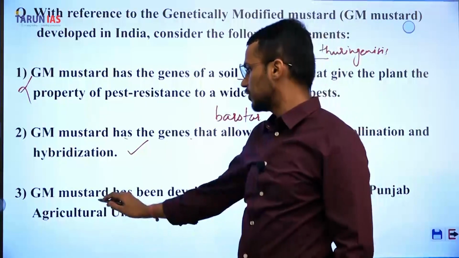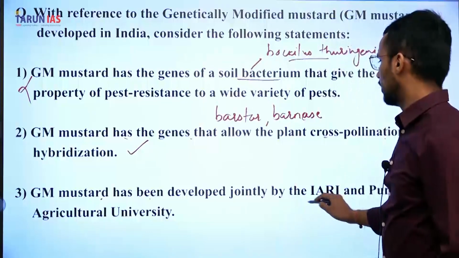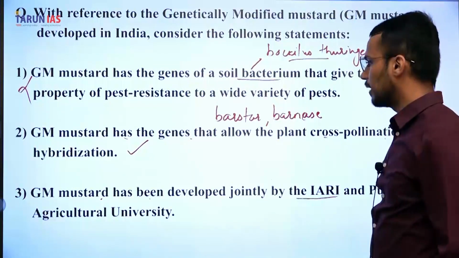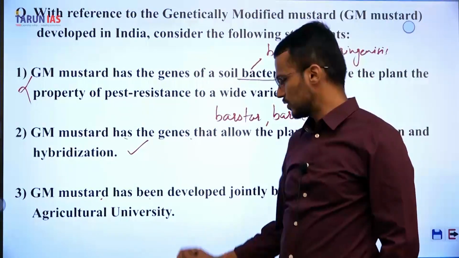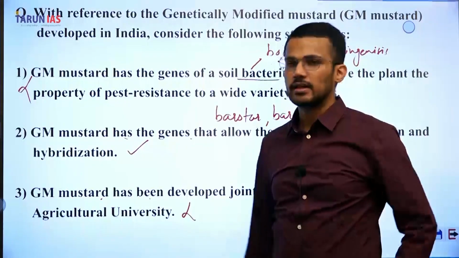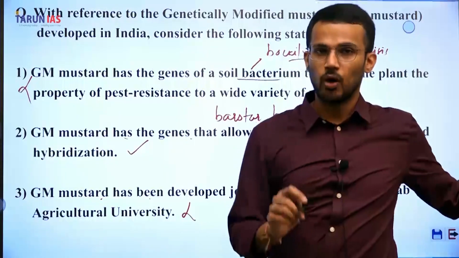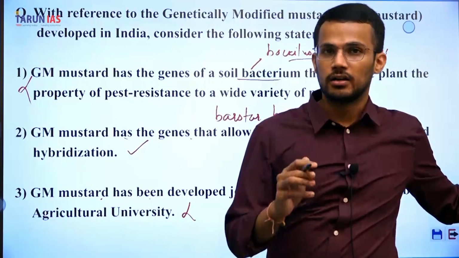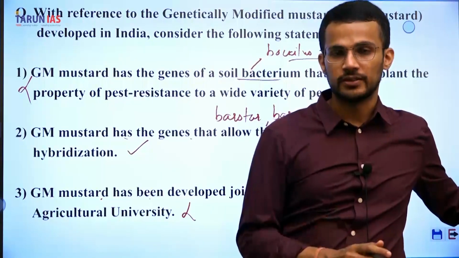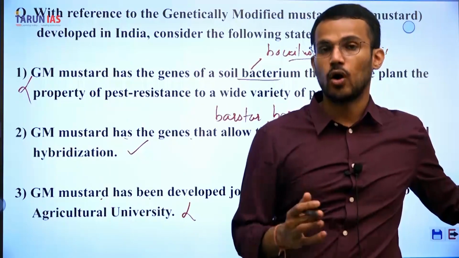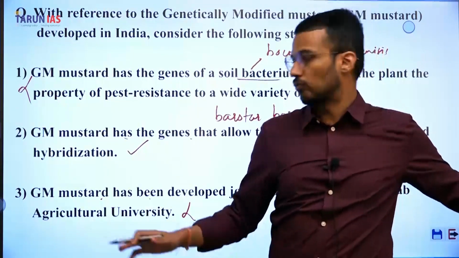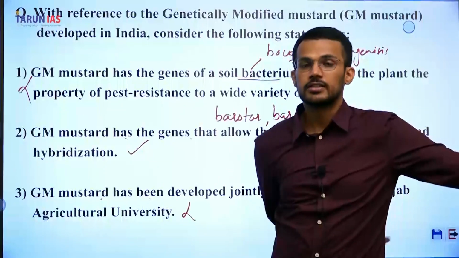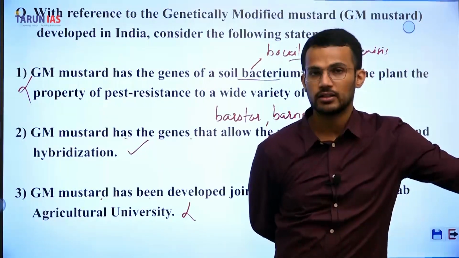Third statement, GM mustard has been developed jointly by IARI and Punjab Agricultural University. This statement is again incorrect, because it was developed by the center at Delhi University, and the head of that particular panel who developed GM mustard is Deepak Pental, right?